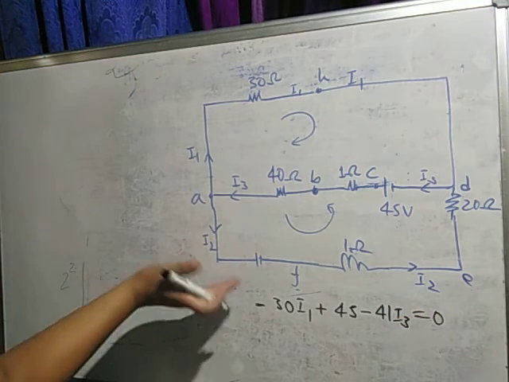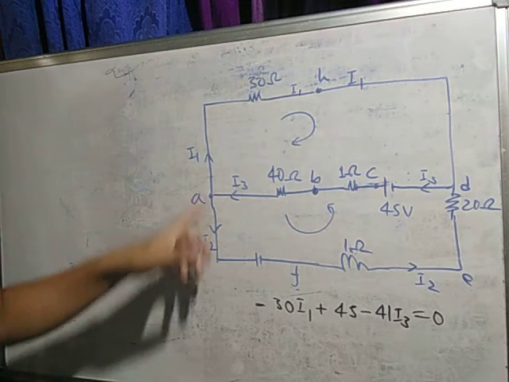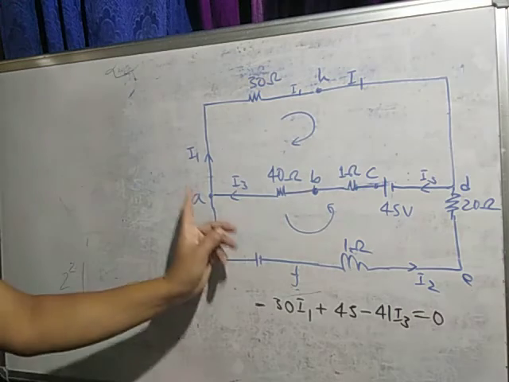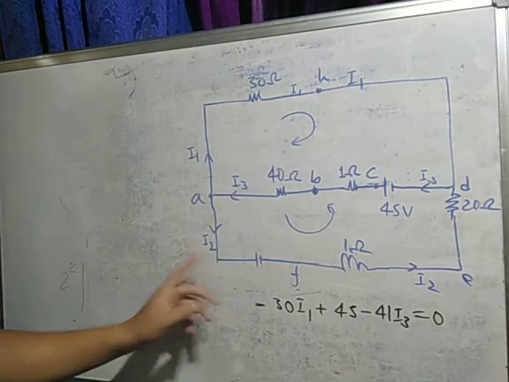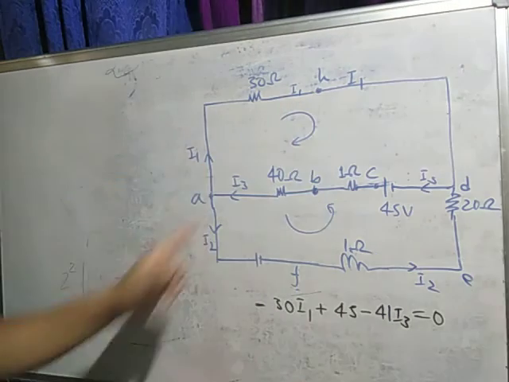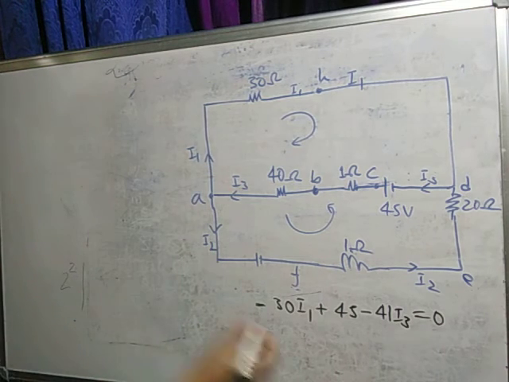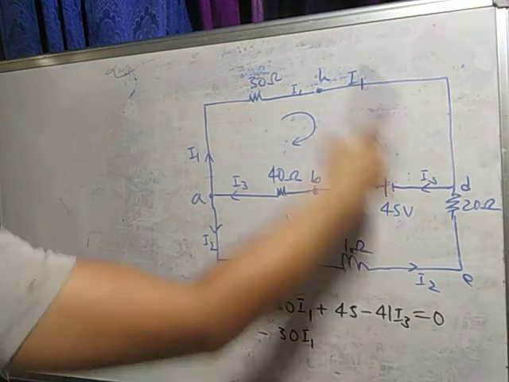Another loop, if you go like this, what will you get? See, start from here, 30. In your book they started from this path. Clear? So from here you can go, and you'll get minus 30 I1. This is your minus 30 I1 going down.